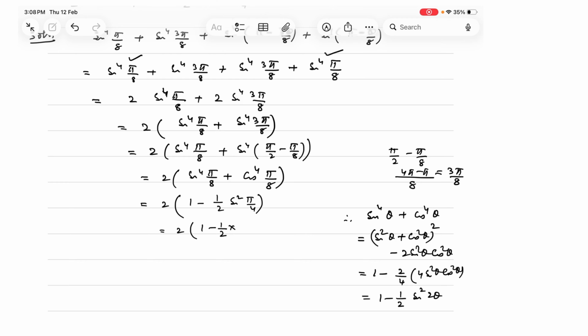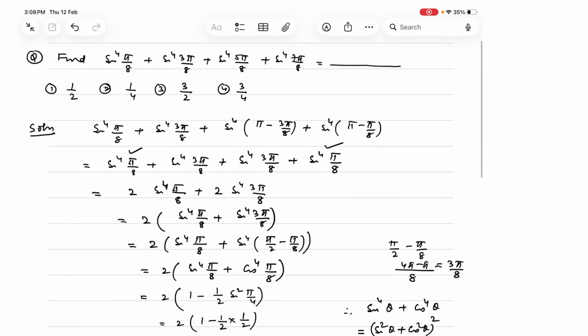Sine square pi by 4 will be 1 by 2. Therefore, it is 2 into 1 minus 1 by 4, which is 2 into 3 by 4. Therefore, 2 gets cancelled. Required answer is 3 by 2. Therefore, answer is third option.